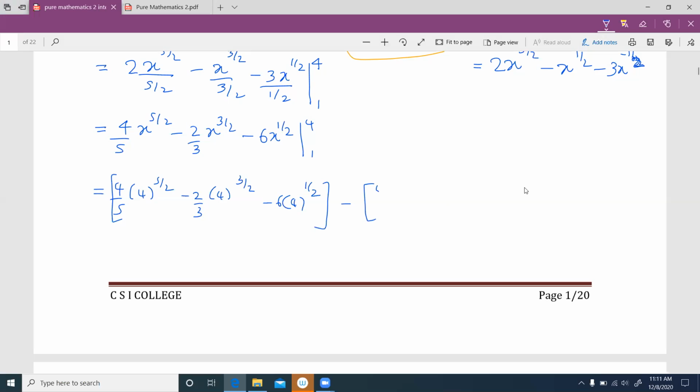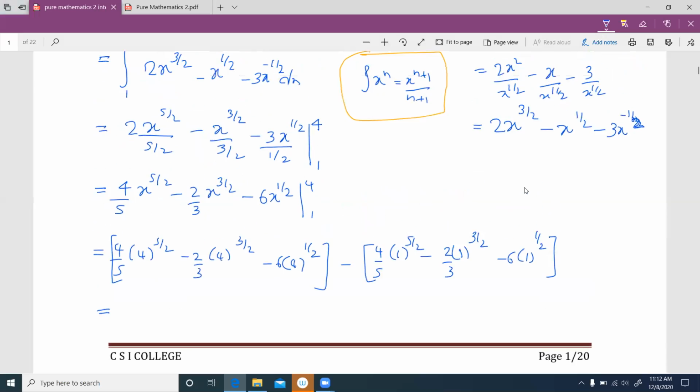The lower boundary is 4 over 5, 1 to the power 5 over 2, minus 2 over 3, 1 to the power 3 over 2, minus 6, 1 to the power half. So with that, you can get the final answer in this format.